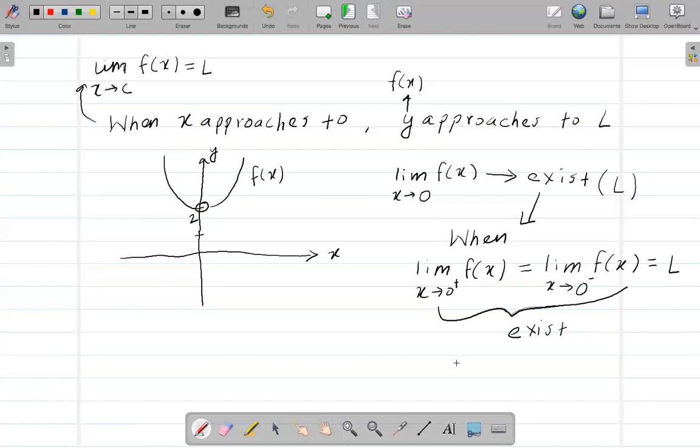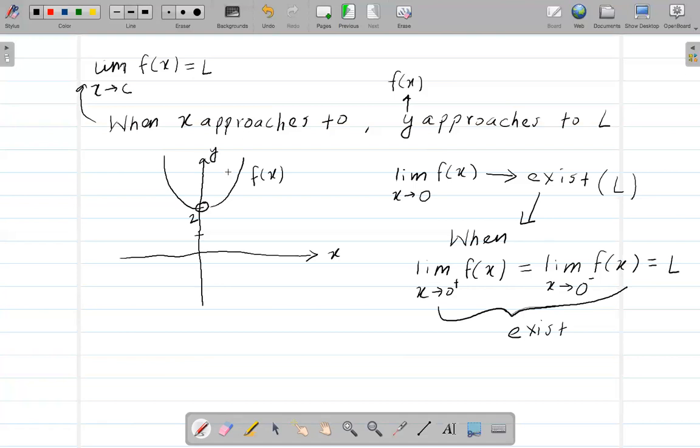All right. So with this kind of graph, we can say that the limit of f of x when x approaches 0 exists if both of these, from the right and from the left, exist with the same limit.